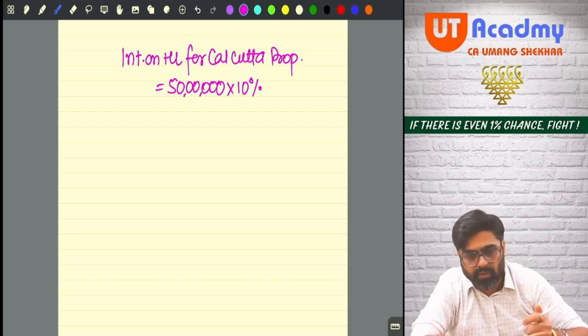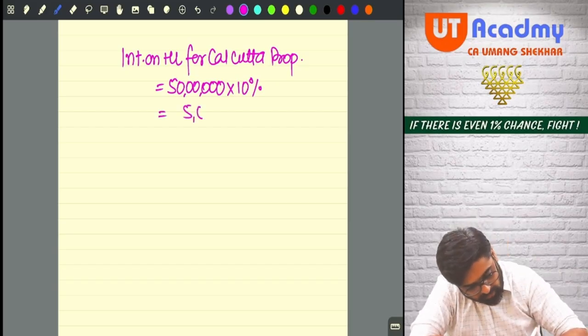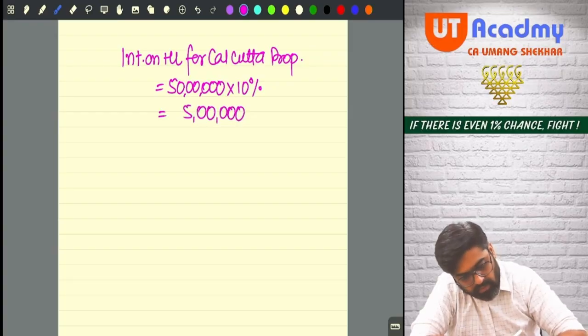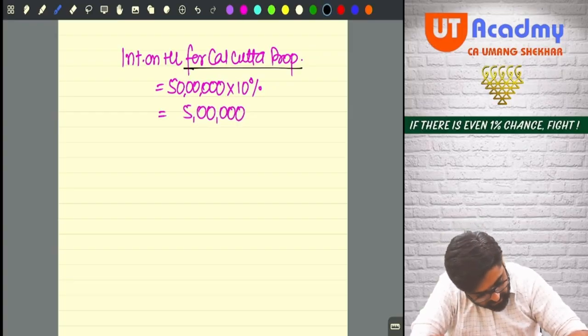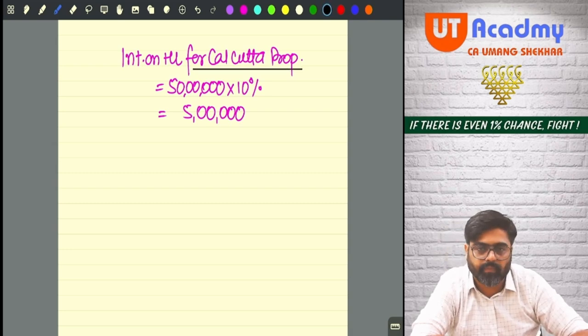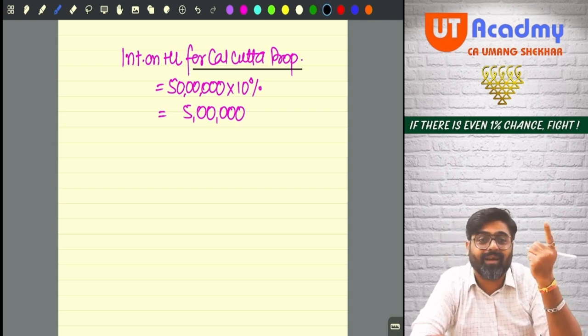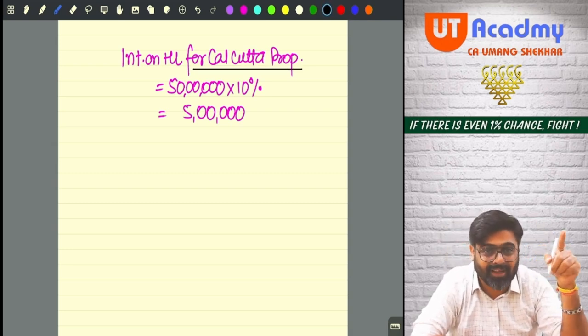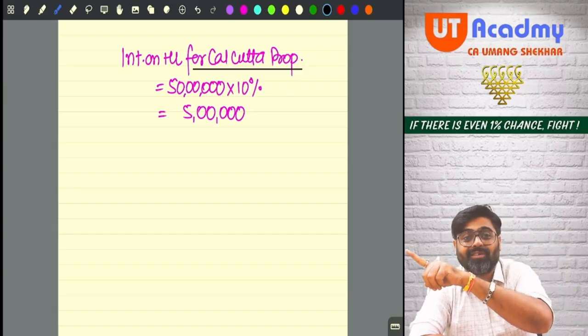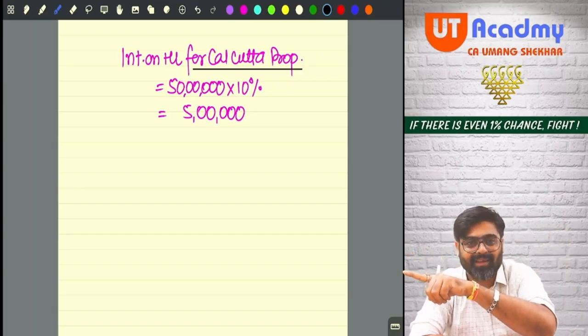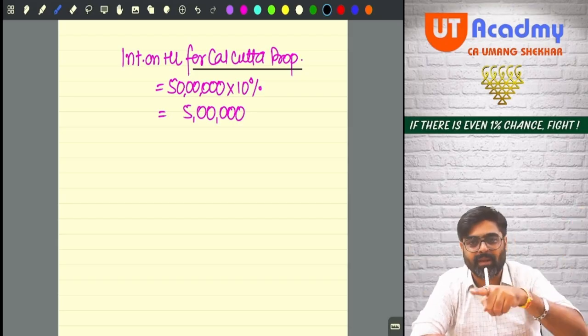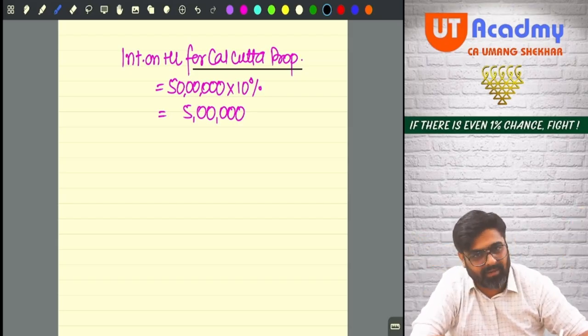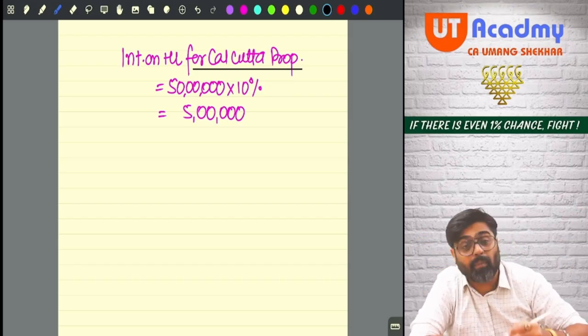Okay, so how much was the interest? Come on, tell me. 5 lakhs. Now this is the interest for the Calcutta property, of which half was self-occupied by Dimple, and half was self-occupied by Aparna, sorry.